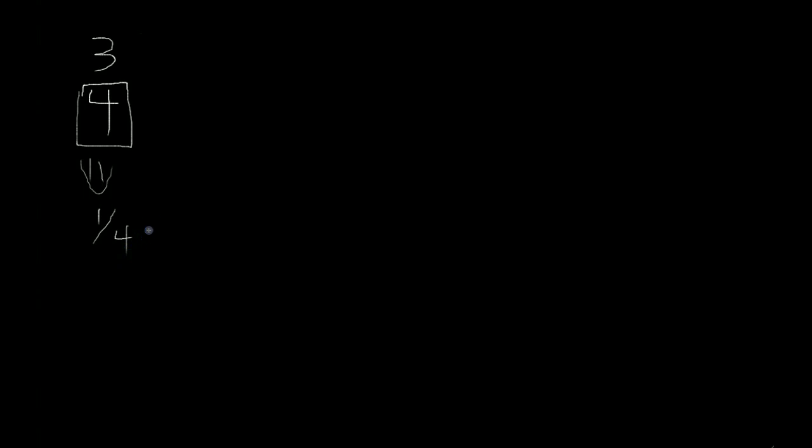So it means that a quarter note is what's going to get the beat. And for this top number, this means that every measure is going to have 3 quarter notes, or the time that it would take to play 3 quarter notes. So that's how long a measure would last.